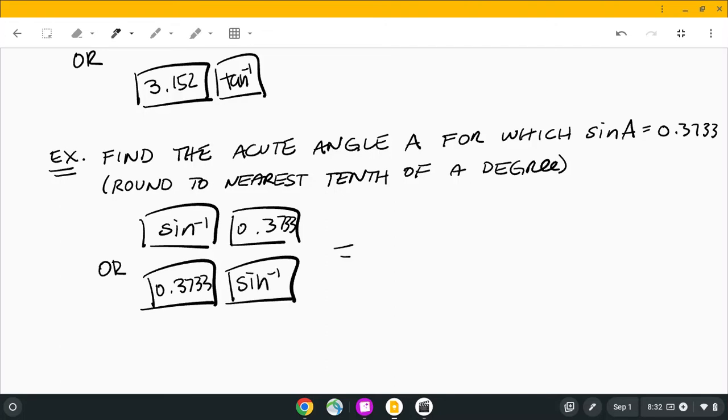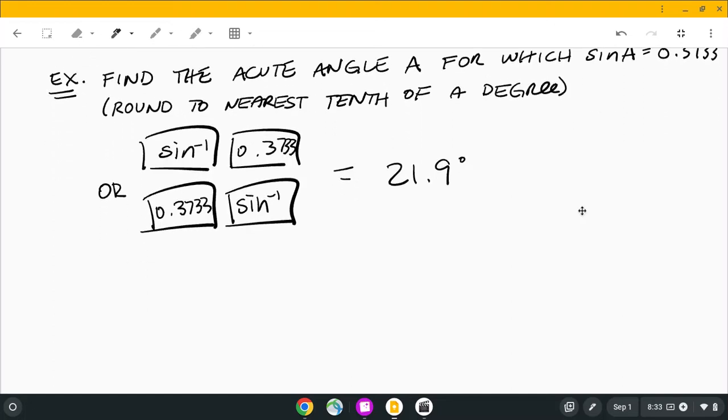Whichever one you use, you should get 21.9 degrees. We found the angle. Again, if you're not getting these, check your mode. Make sure you are in degree mode.